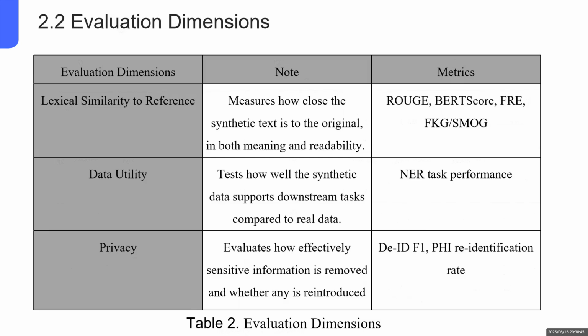For data utility, we tested whether the synthetic records could support a downstream NER task, comparing performance to real data. The last one is privacy. We compared our output with gold standard PHI annotations, measuring how effectively sensitive information was removed and whether any of it appeared during generation.